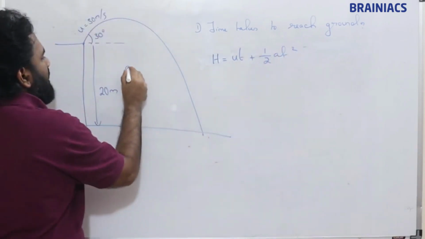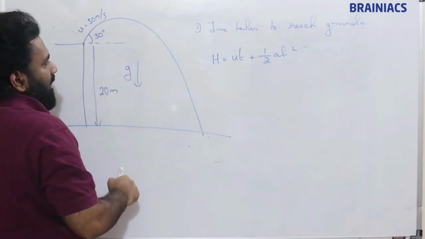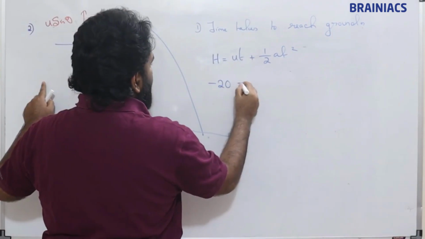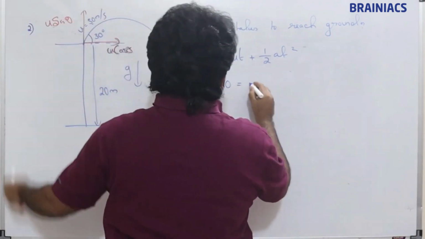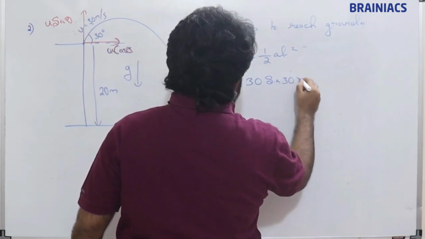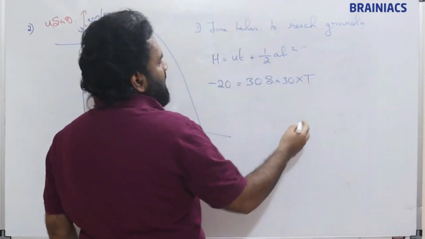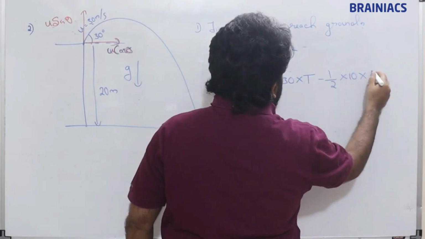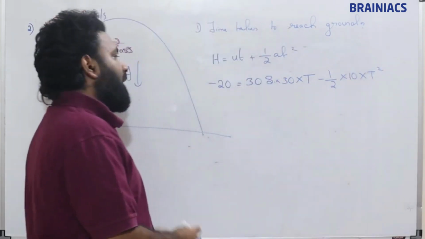G will be acting in this direction. So this is minus 20, and this is equal to U sine theta, 30 sine 30 into T, minus half into 10 into T square. Now this is fine.